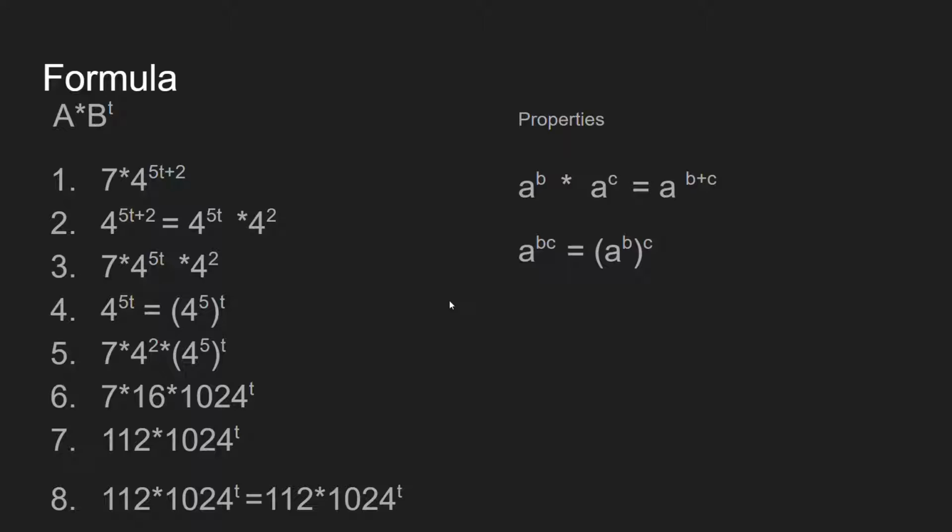After simplifying, 4 to the power of 2 is 16, and 4 to the power of 5 is 1024 to the power of t. Then 7 times 16 is 112, and we leave the 1024 to the power of t by itself. Now our equation is 112 times 1024 to the power of t, and that is equivalent to a times b to the power of t.